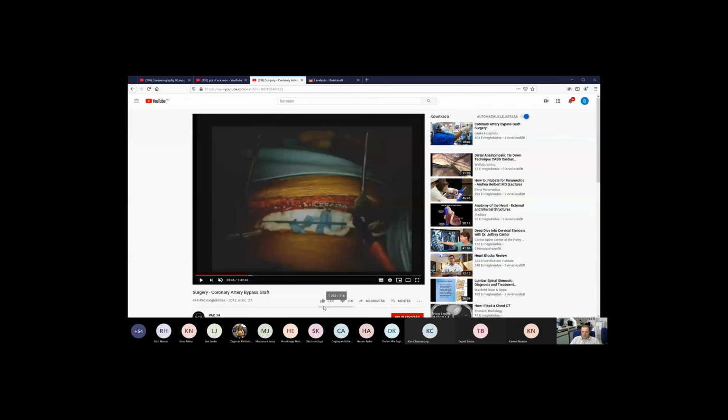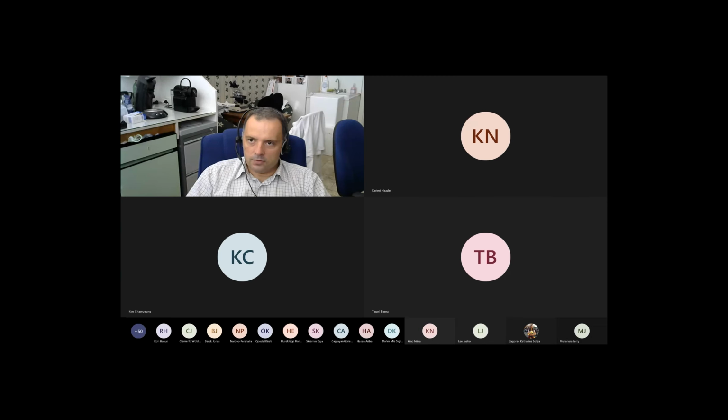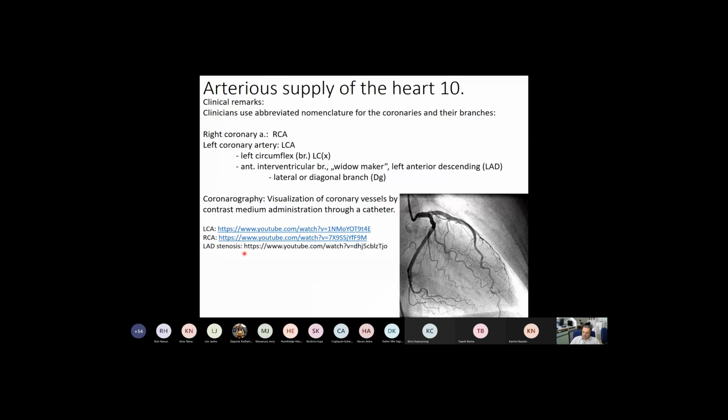This is the stent implantation, which people also sometimes do. So this is the coronarography I wanted to share with you. You can download these files and have a look at them at home. Here I have some videos. You can just download them.